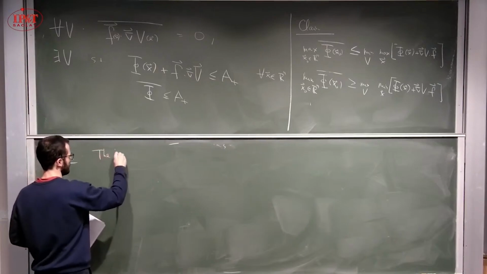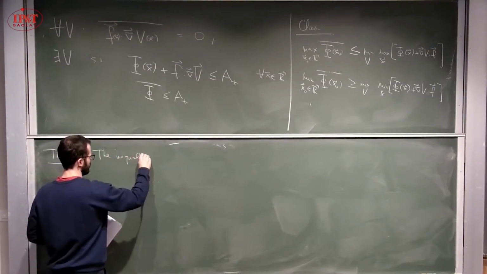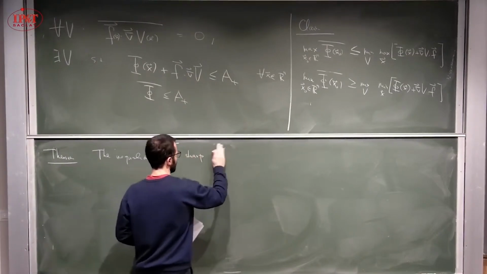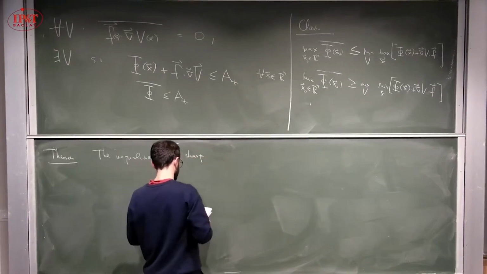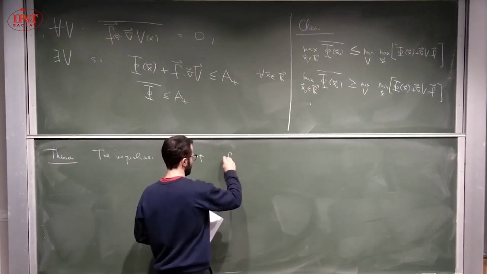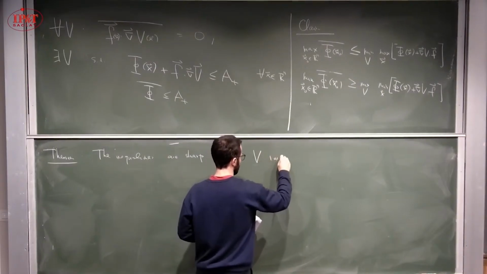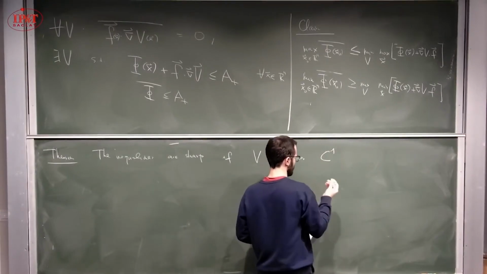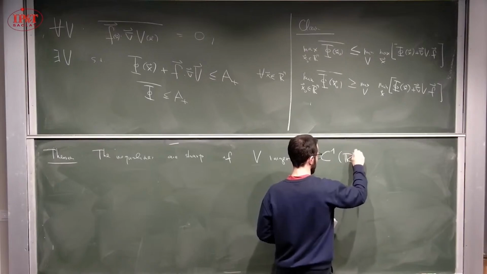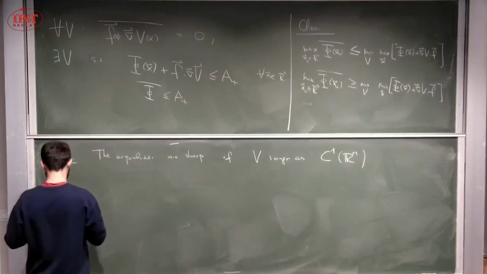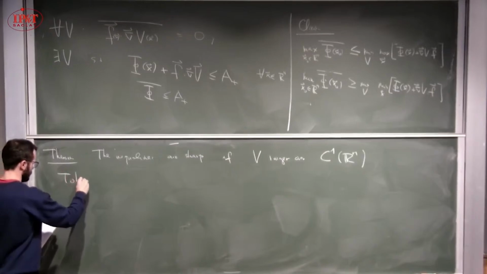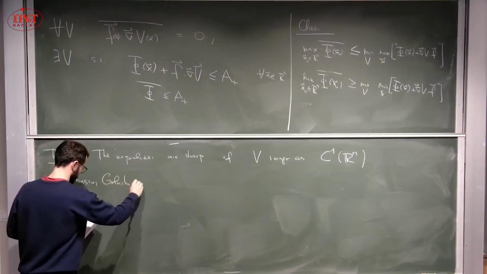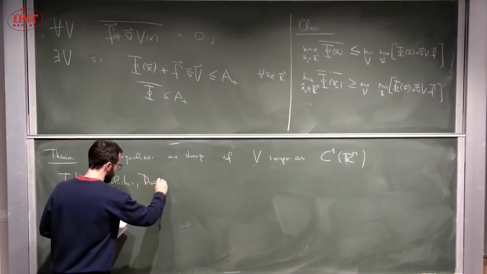The inequalities are sharp if v ranges over the space of functions with a continuous first derivative in R^n, and this was proven in a paper by Pascal, Goluskin, and Doering.